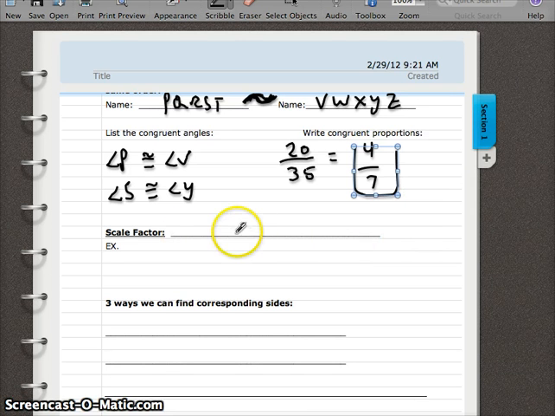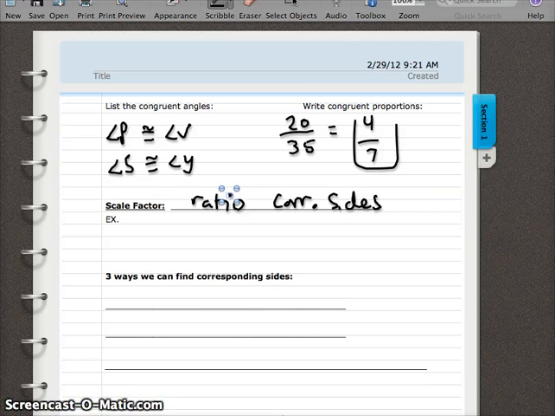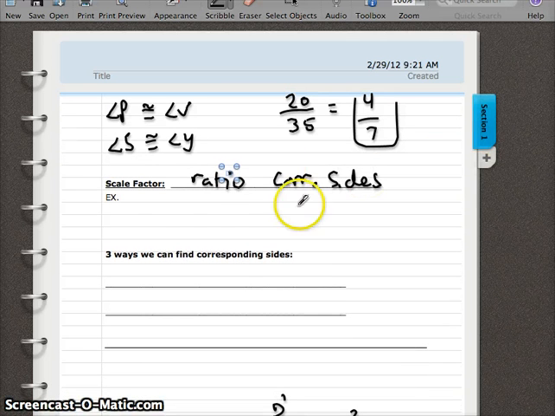We'll get back to that in a second. So a scale factor is the ratio where we compare two corresponding sides. And if any corresponding sides are in the same ratio, we're allowed to say those shapes are similar.